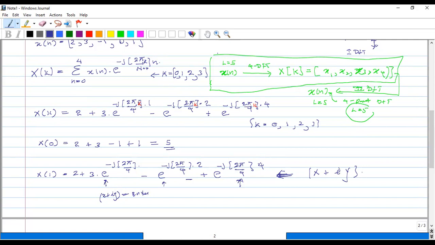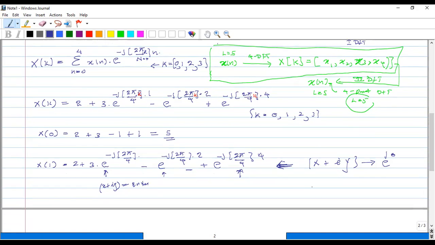If you need, you can again convert this to polar form. That is the process I know. I don't know whether there is any method to simplify this within the polar form. If that kind of method is available, you can use it. No issue.